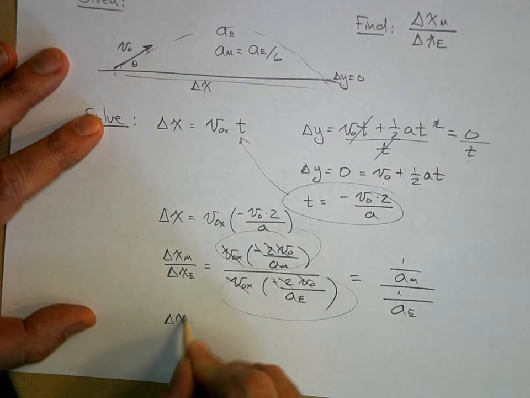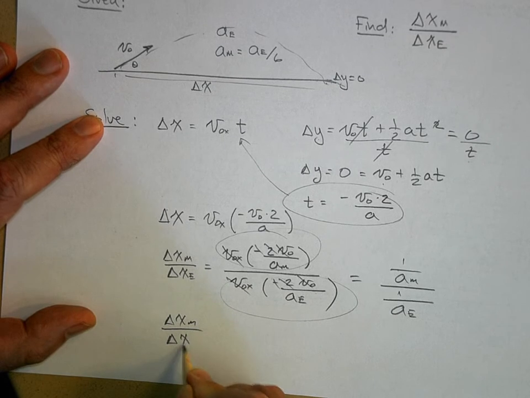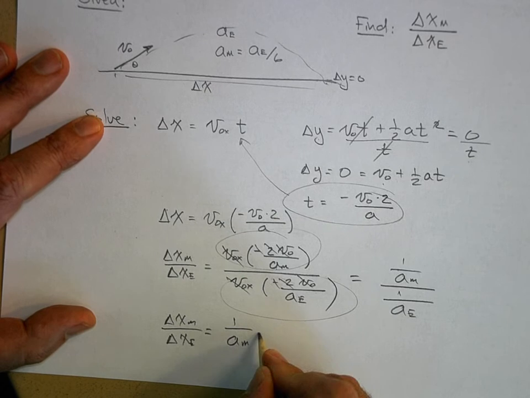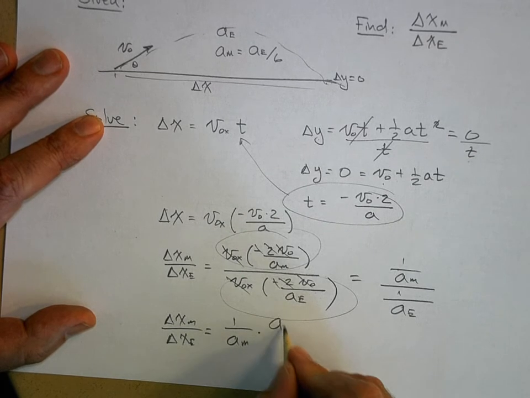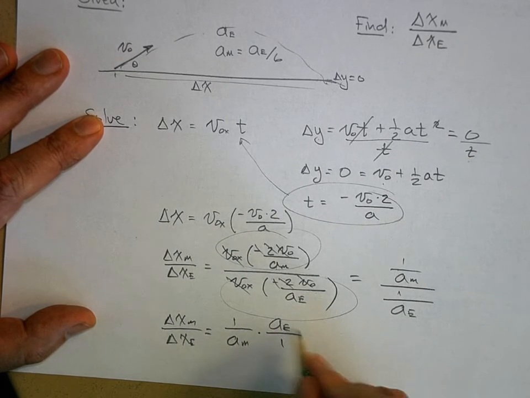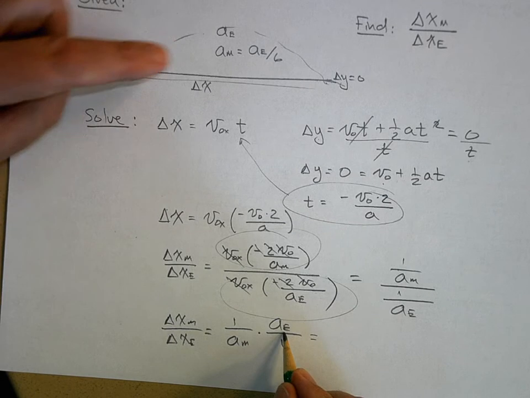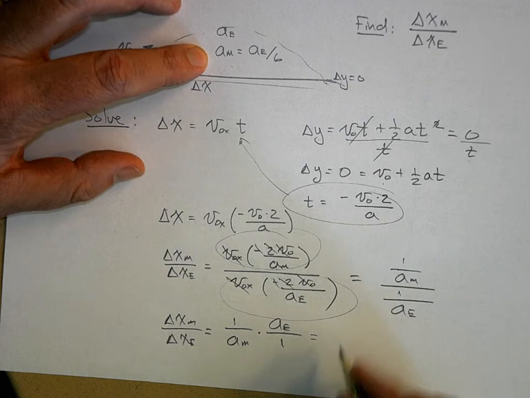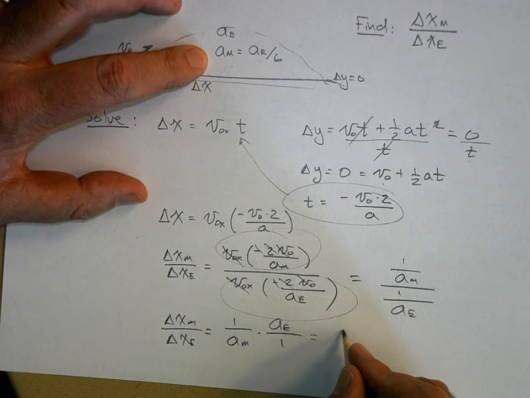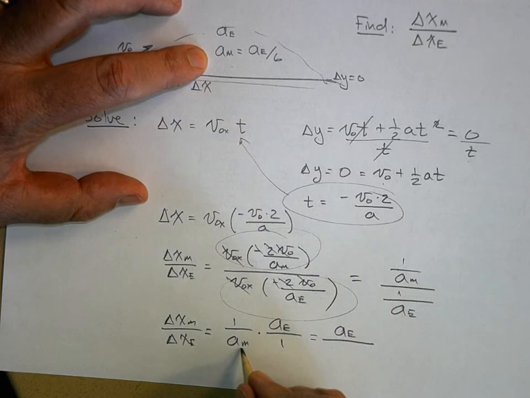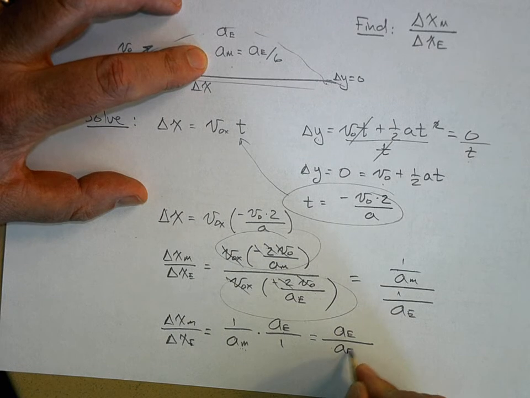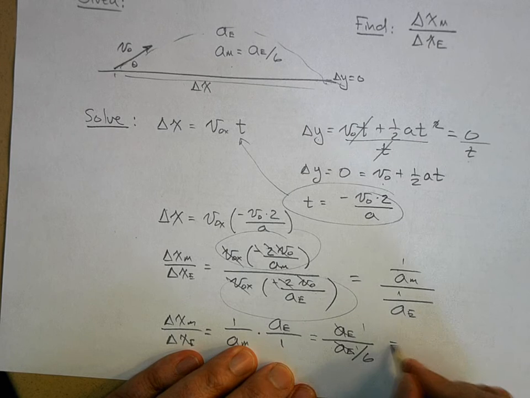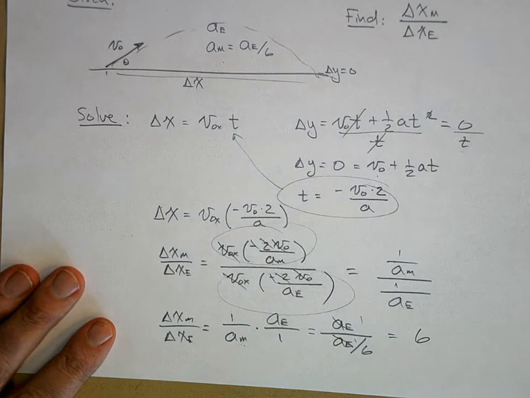So delta x on the moon over delta x on the Earth is equal to, well, reciprocate and multiply: 1 over this times the Earth over that. Now, we know that the acceleration on the moon is 1/6 of that on the Earth. So this is the Earth divided by the moon, but that's a sub e divided by a sub e over 6. So this cancels this. I have 1 over 1/6, so that's 6. So the answer is 6.